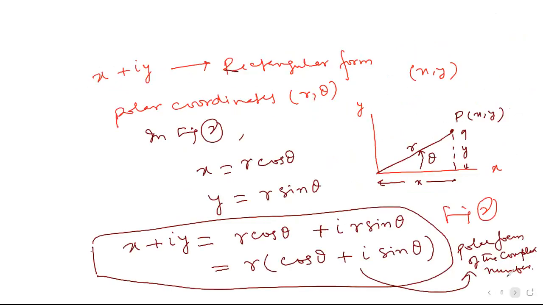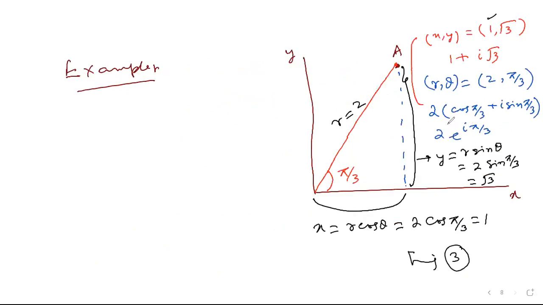So I can write it r, which is 2 cos theta, theta is pi by 3, plus iota sine theta, which is pi by 3, or you can write it r e raised to iota theta, which is 2 e raised to iota pi by 3, right?